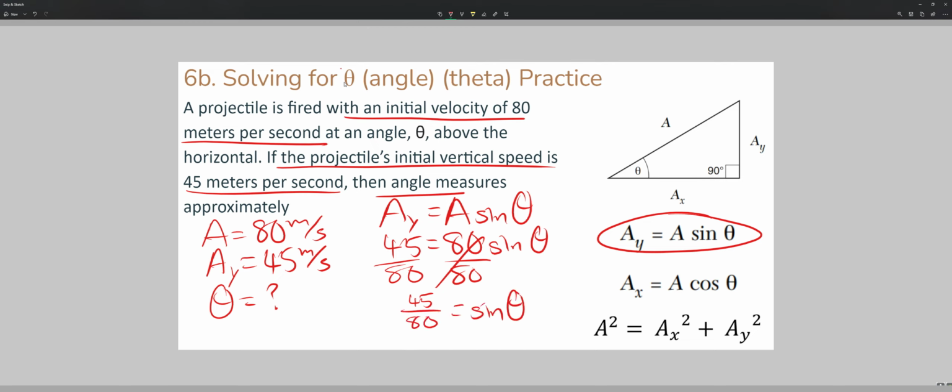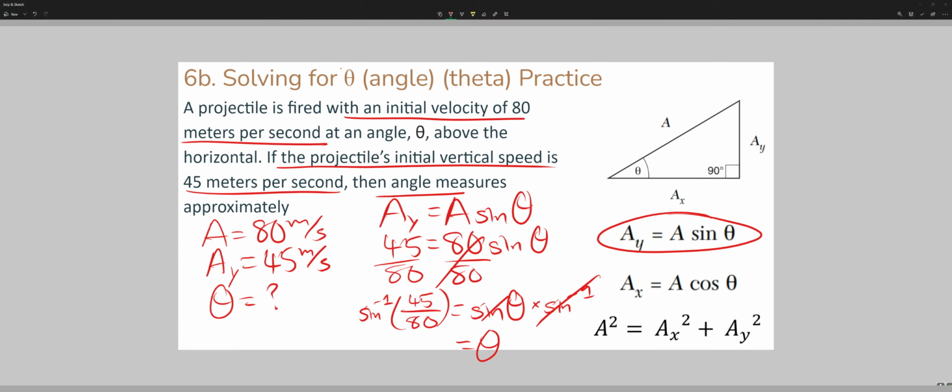That's sine theta right there. Again, how do I get rid of this sine? We'll have to multiply both sides by sine -1. And so theta is equal to sine -1 of 45 divided by 80.